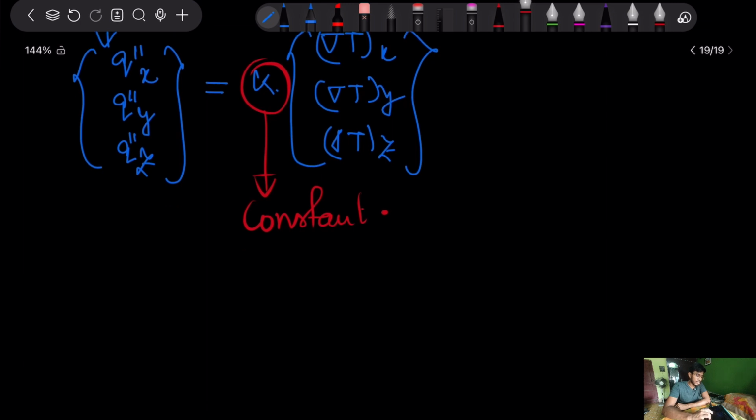But in general, if you have studied matrices, then this is a 3 cross 1 matrix, and this is also a 3 cross 1 matrix. So if my K is a 3 cross 3 matrix, can it be the case?